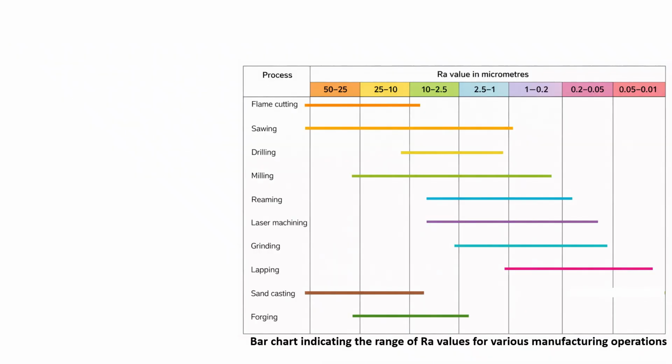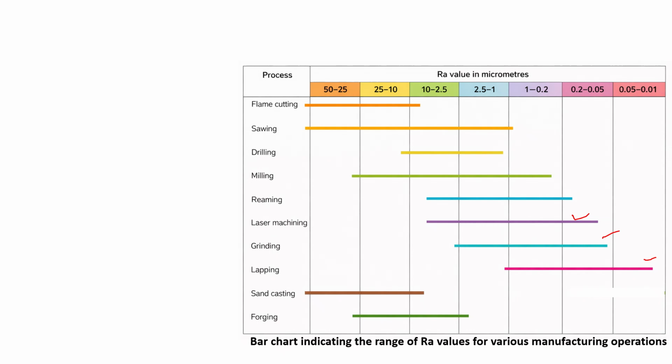Next we will discuss the bar chart, which represents the Ra values for the various manufacturing processes. We know that lapping and grinding are surface finishing processes, so the Ra values are very low. Laser machining also gives a good surface finish, so the Ra value is less.